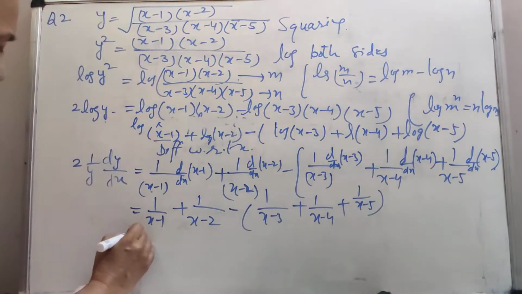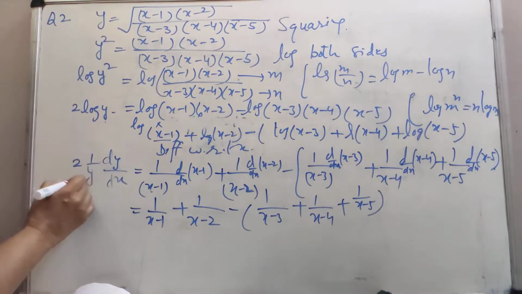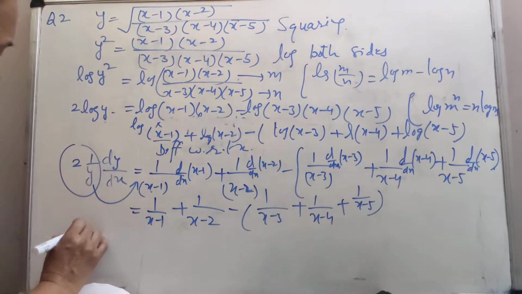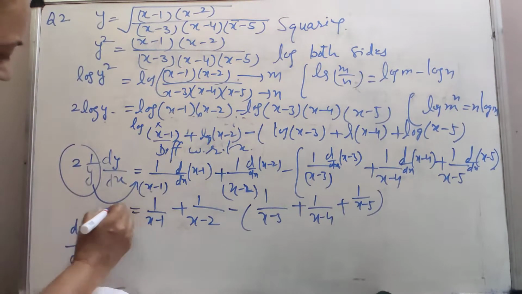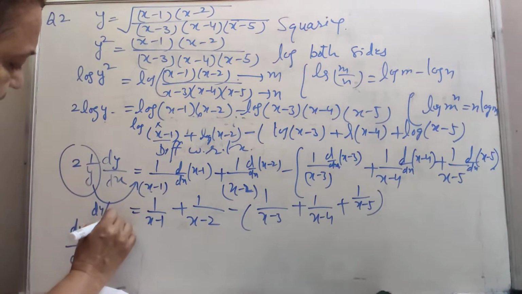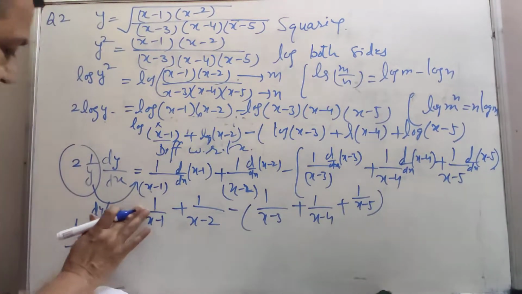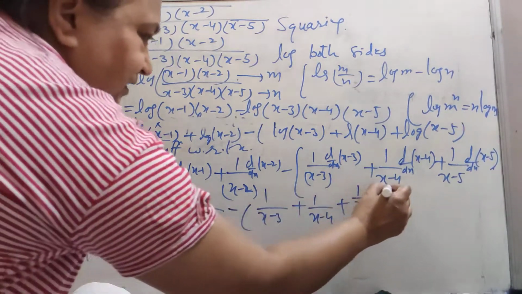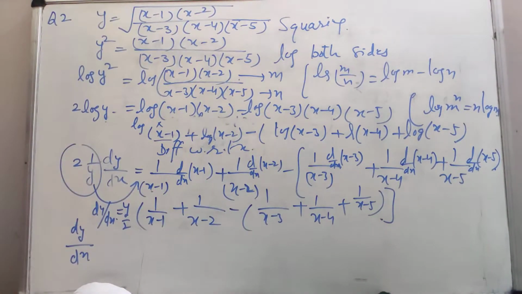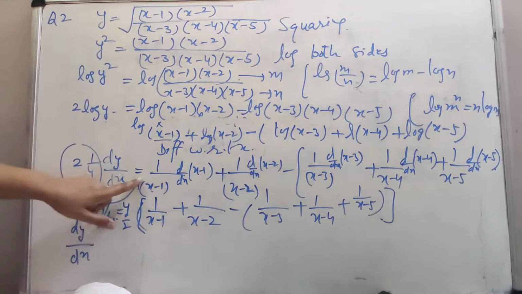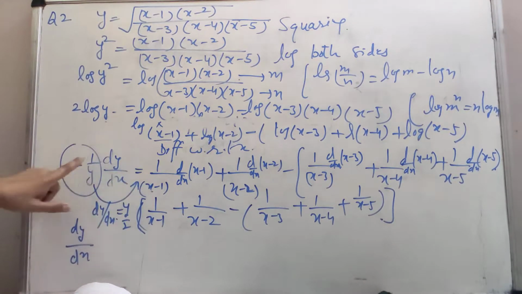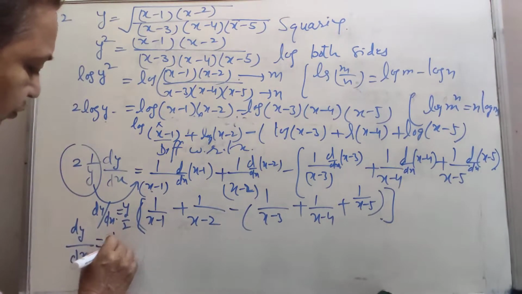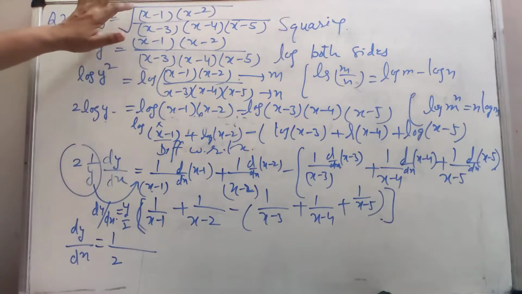Now you can open the bracket and take this portion to this side. So dy upon dx is equal to, I will do one step here, I will take this y upon 2 here. Now put the value, this is 1 over 2. So what is this y?